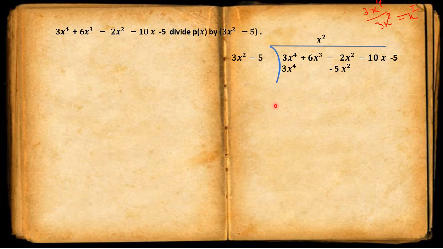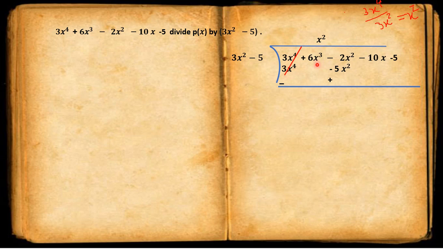After subtraction, the signs will be changed. So 3x raised to the power 4 will become minus, and minus 5x square, when subtracted, becomes plus, that means positive signs. After subtracting these two terms, the 3x raised to the power 4 and minus 3x raised to the power 4 will cancel out.